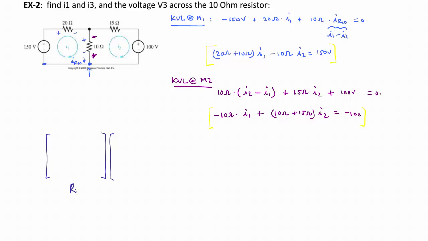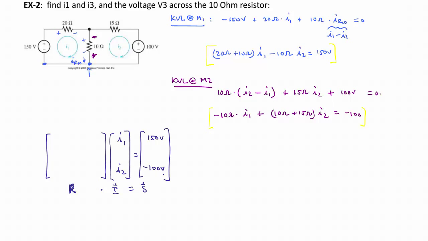We'll actually have what's called a resistance matrix times a current vector, I1, I2, and that's going to be equal to some source vector, which will have a value of 150 volts and minus 100 volts.